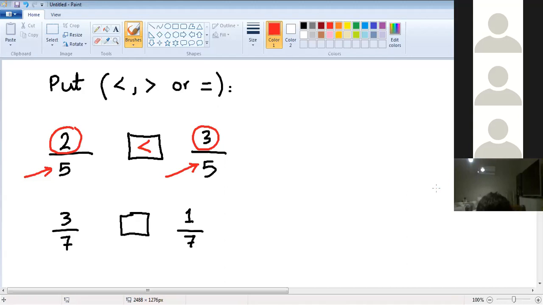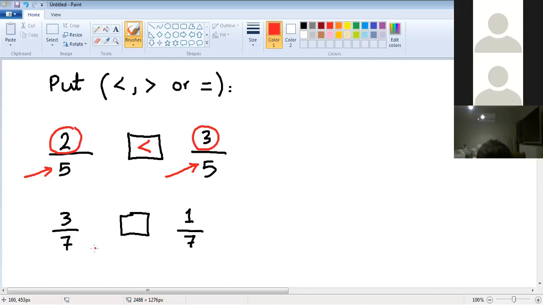My opinion, 3/7 is bigger. Why? Because the denominators are the same, and the numerator 3 is bigger than 1. That's right. Muhammad, you understand?